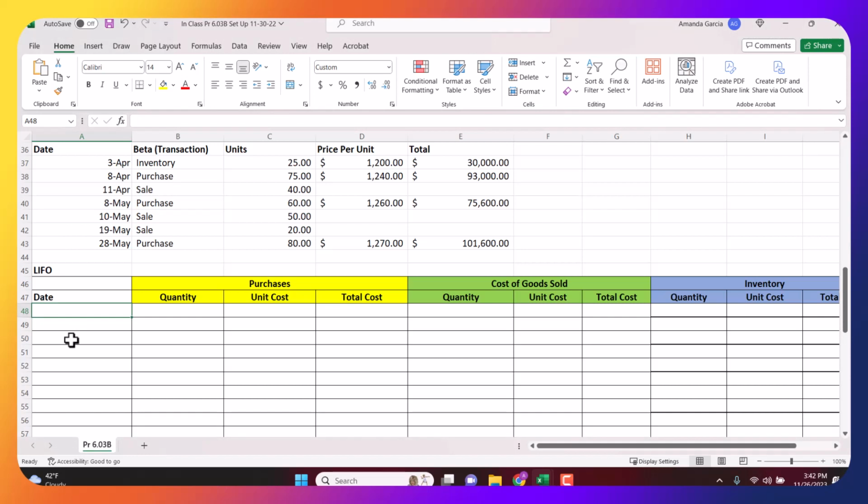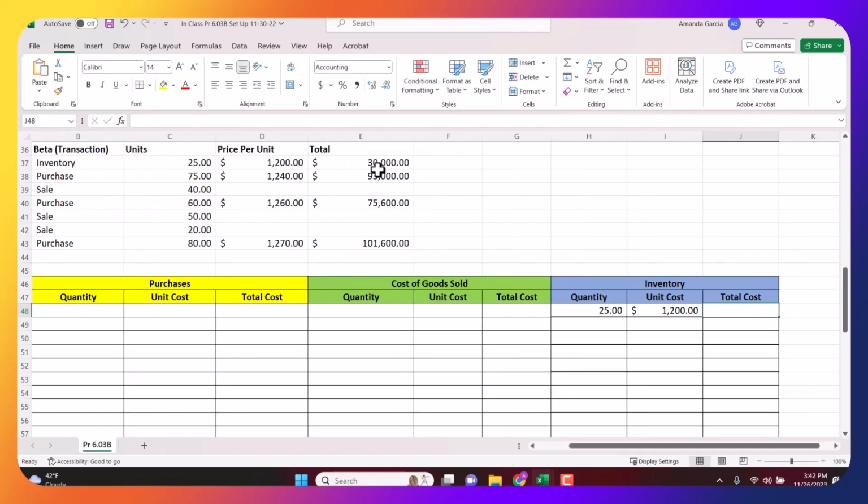All right, so we're still going to start with starting inventory on April 3rd. We had 25 units. So I'm going to link this one so you know where I got it. 25 units at $12.00. My total cost is quantity times unit cost.